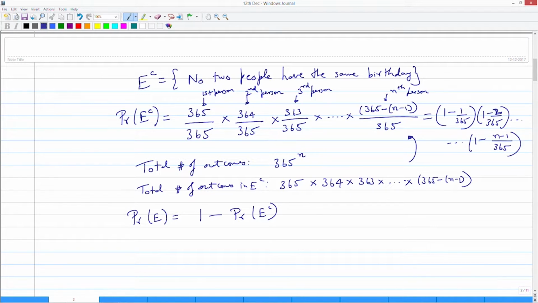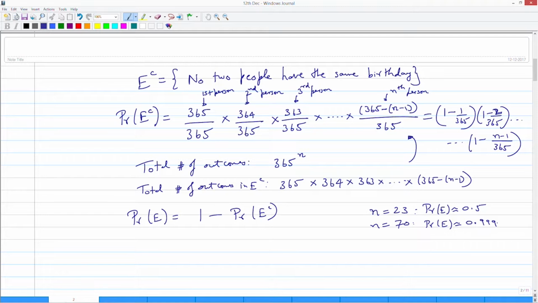Okay, you write it like this and then do the multiplication and find the probability, and you will see surprisingly for n equals 23, probability of E is roughly about 0.5, and for n equals 70, probability of E is roughly about 0.999. Okay. So, this is the result for the birthday problem, quite a simple calculation at the end, but it is a little bit surprising in the way you interpret it.